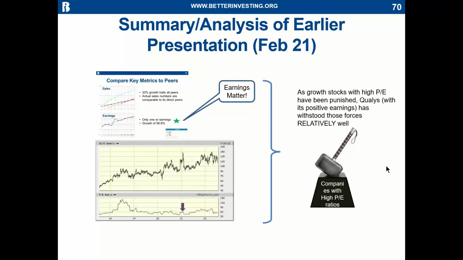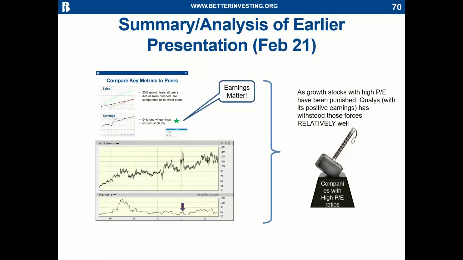So the other thing I wanted to note, when we did the analysis initially, one of the things that stood out for Qualys is that it was one of the few, in fact, it was the only one within the peer groups that I had identified that had earnings. In the area of cybersecurity, there are a lot of new starts and IPOs and things of that sort, so the earnings was a pretty attractive thing to me. It turns out that I believe that to be one of the factors that helped the stock, as we have seen its performance going forward.